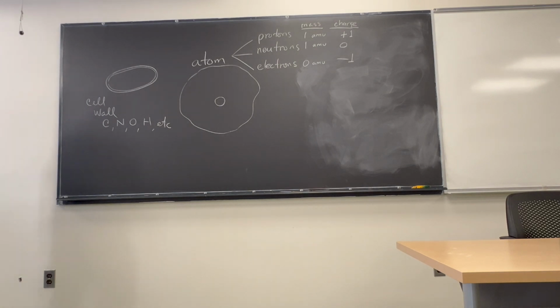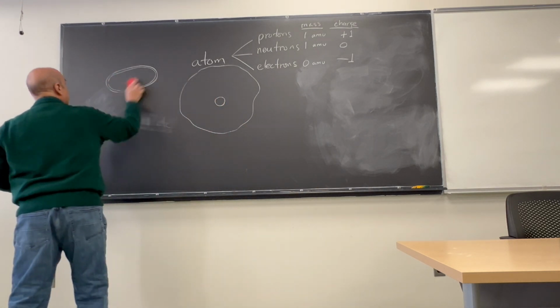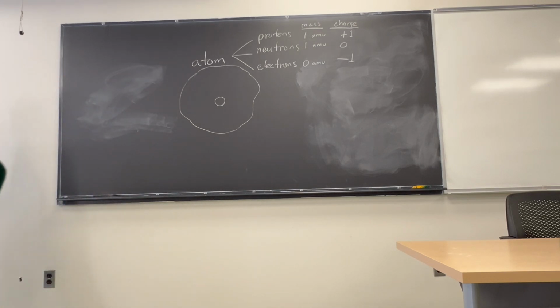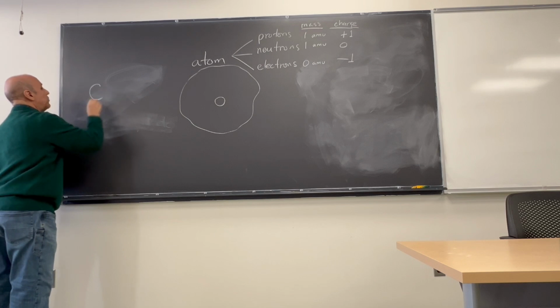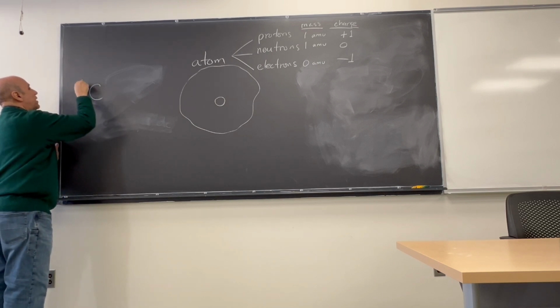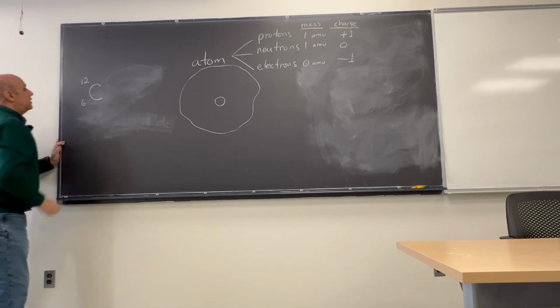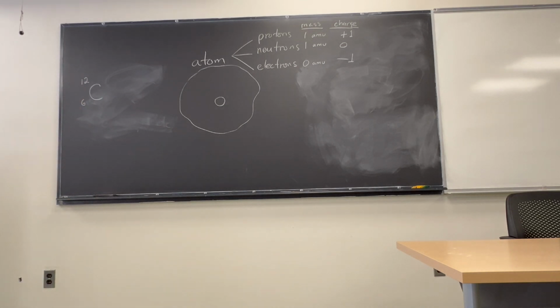So if you look at the periodic table, you're going to find out that carbon shows up there, and often is written as follows. The symbol for carbon is C, and then you see that they have 12 on one corner of the symbol and a 6 on the other corner of the symbol.